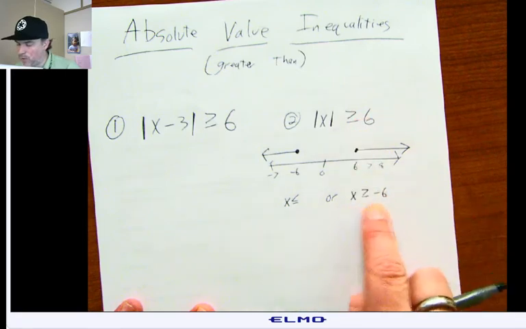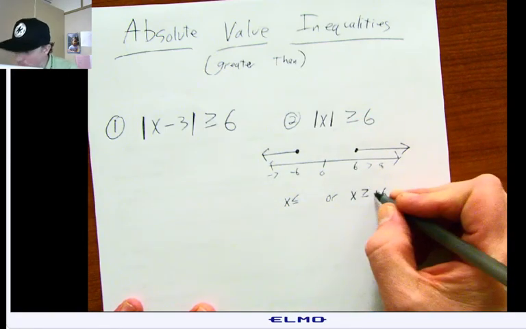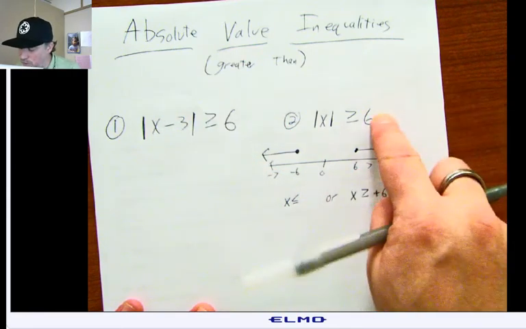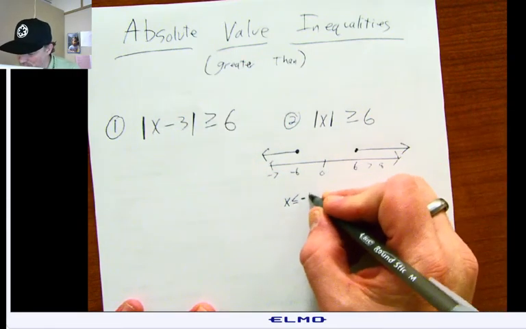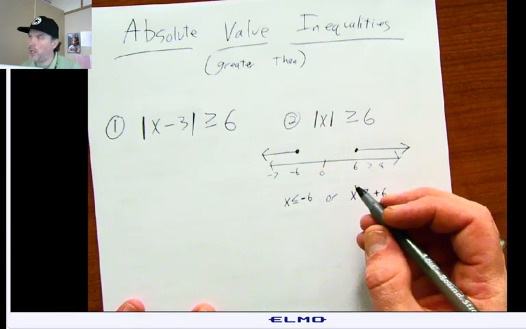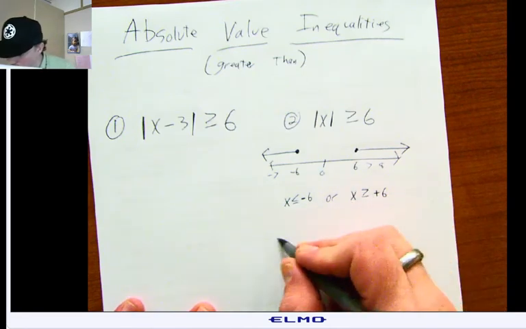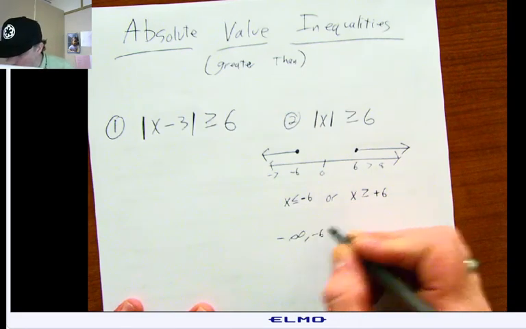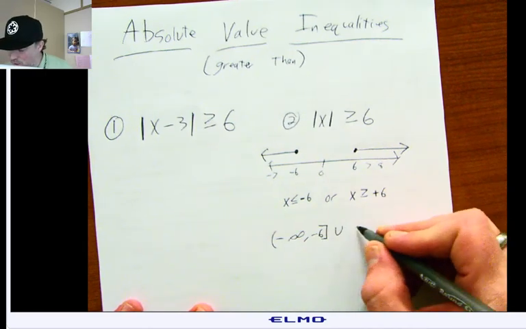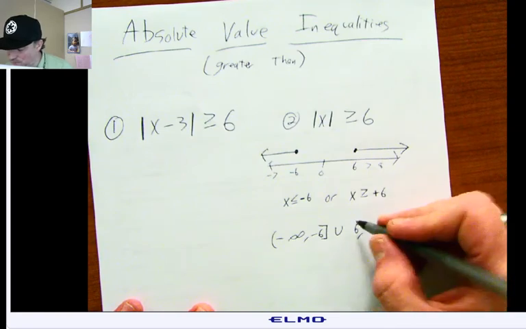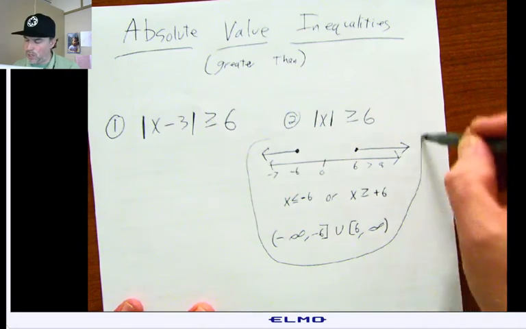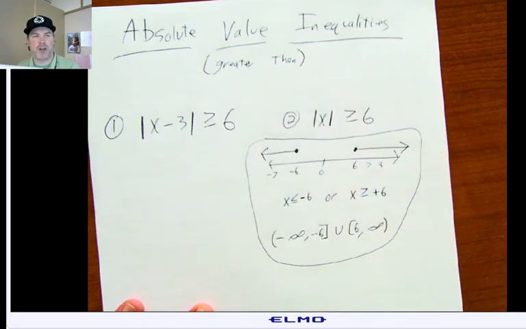Either x is greater than or equal to +6, or x is, flip the inequality, less than or equal to, change the value from +6 to -6. Or if you go with interval notation, -infinity to -6, soft on -infinity, hard on 6, union 6 to +infinity, hard, soft. So those are the 3 different ways that you would be responsible for.